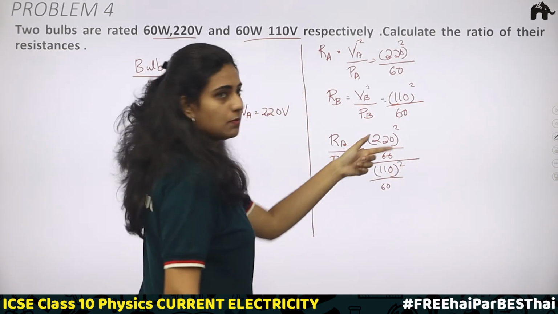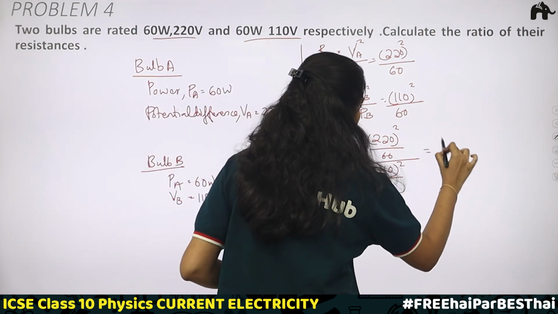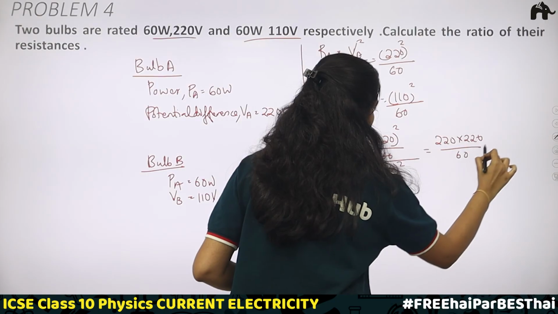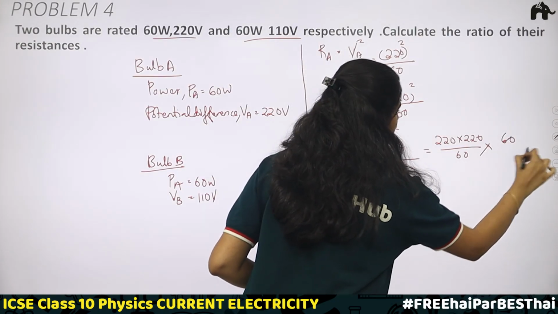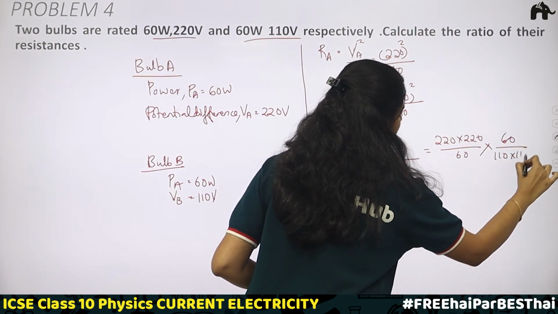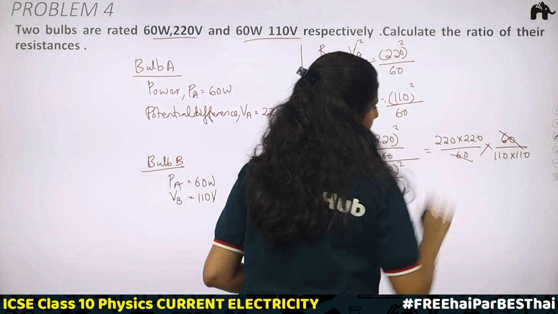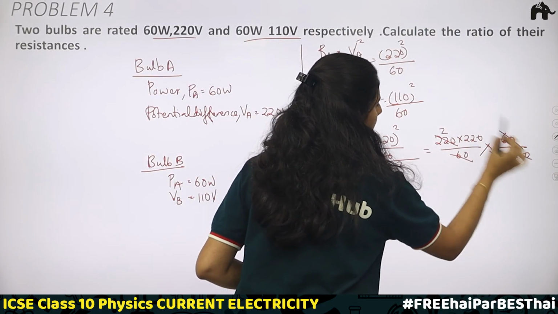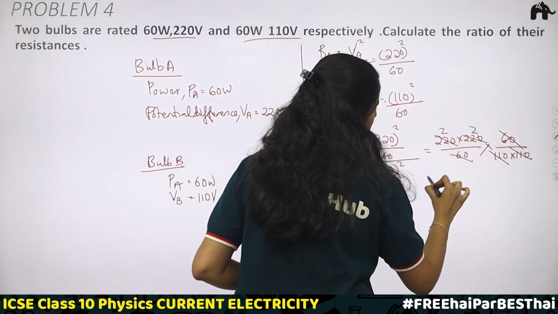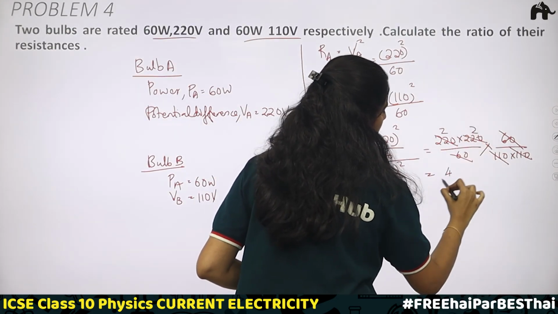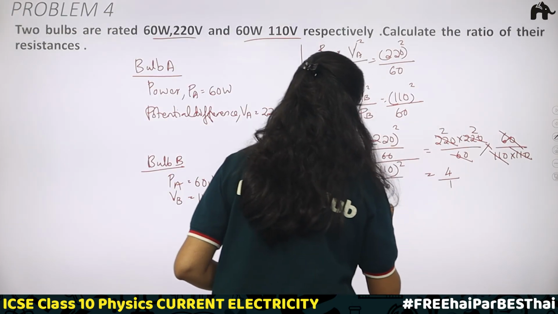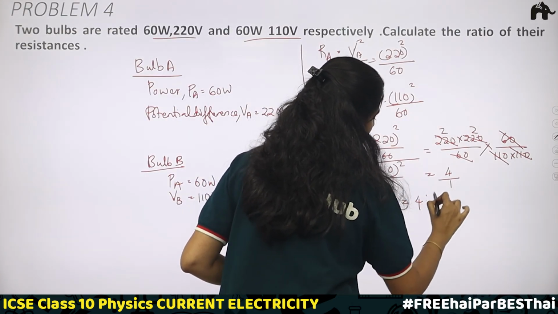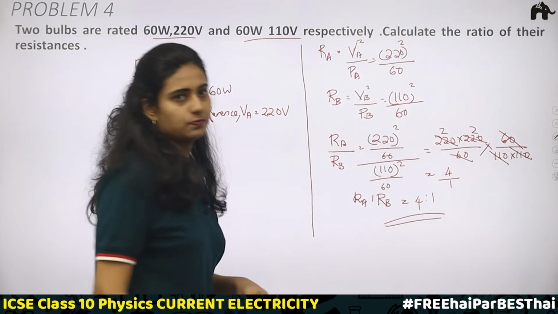Taking the reciprocal and multiplying, we get 220 into 220 by 60 into 60 divided by 110 into 110. 60 gets cancelled. 110 into 2 is 220. 110 into 2 is 220. 2 into 2, 4. Denominator 1. Therefore, RA is to RB ratio will be equal to 4 is to 1.